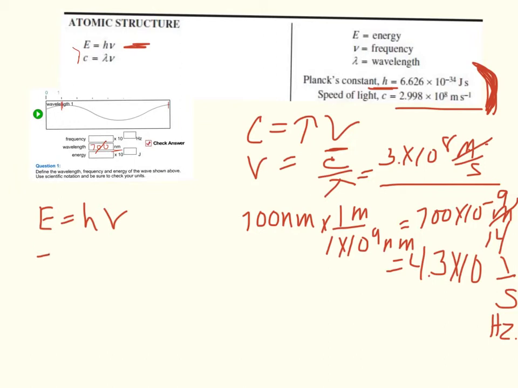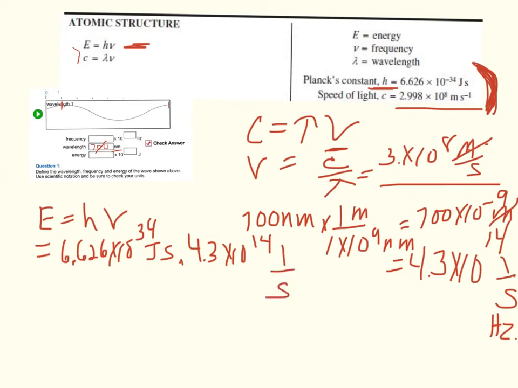So I'm going to take Planck's constant, 6.626 times 10 to the minus 34 joule seconds, times my frequency, which is 4.3 times 10 to the 14th, 1 over second. And here the seconds will cancel. I'll end up with a unit of joules. And if I multiply that out, I get 2.9 times 10 to the minus 19th joules. So this is my energy.